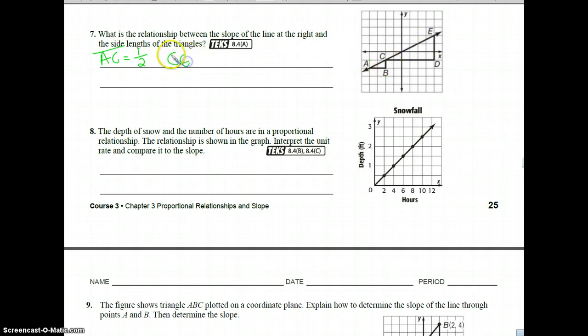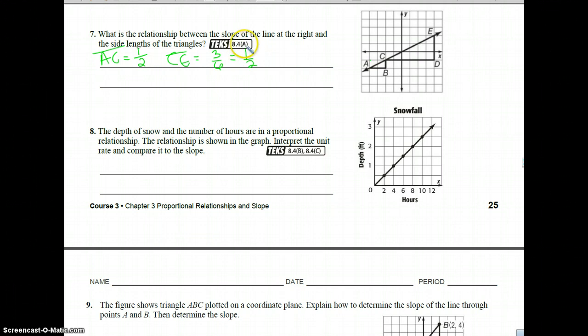Caleb? So the rise is 3 and the run is 6. And can that be reduced to anything, Caleb? To what? 1/2. Awesome. All right. Everybody good with that?